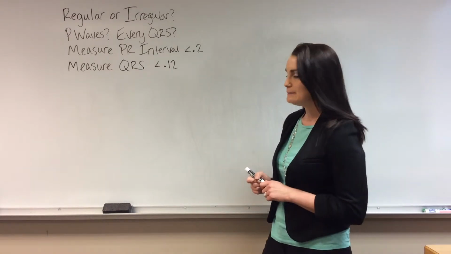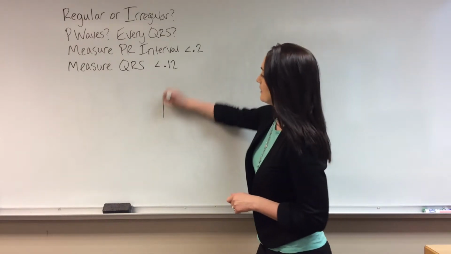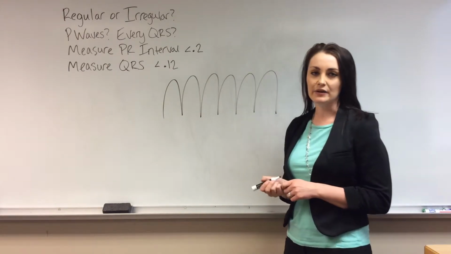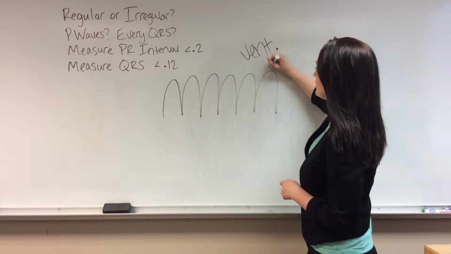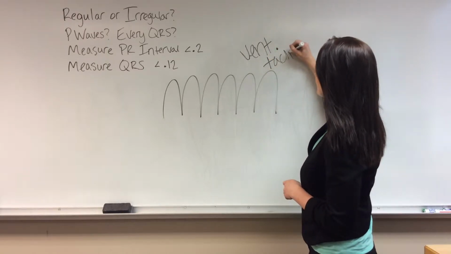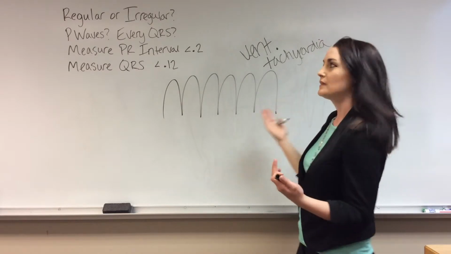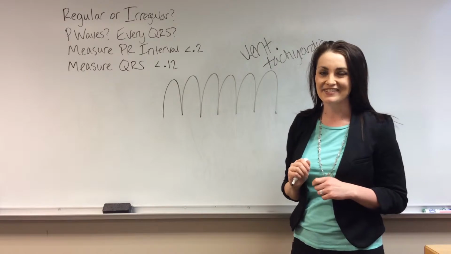So the first ventricular dysrhythmia is this one. VTAC, or ventricular tachycardia. With this, you can try to use your steps, but it's going to be pretty obvious as you're looking at it.